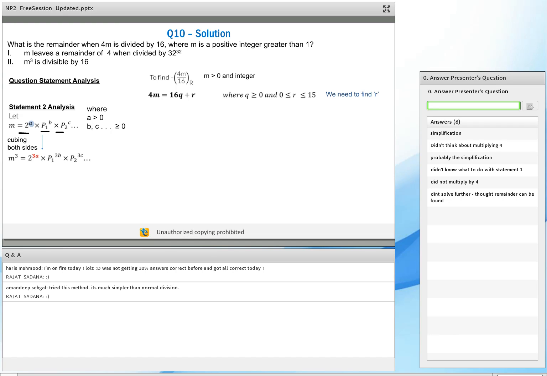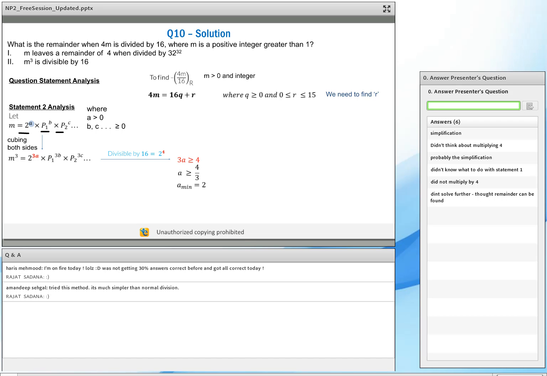My bad. So you cube both sides, you actually get this, and then you say, hey, because this is divisible by 16, which means 2 to the power 4, then 3a has to be greater than or equal to 4, which means a has to be greater than or equal to 4 by 3, or at a bare minimum, a is equal to 2.